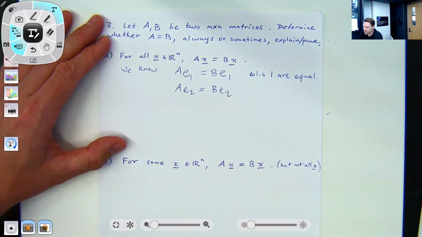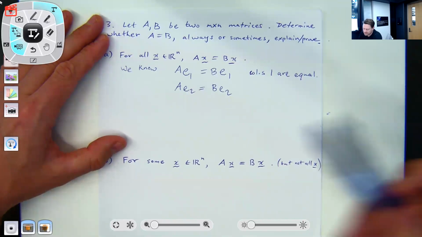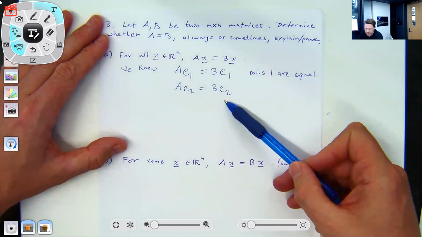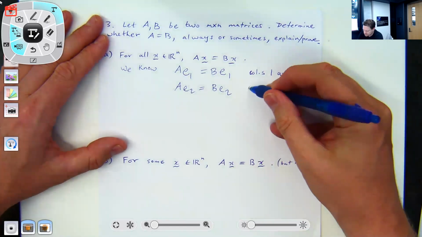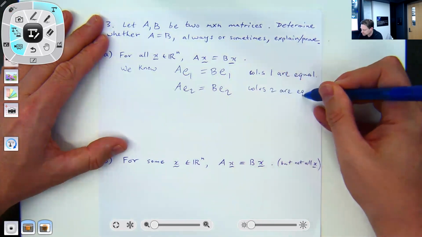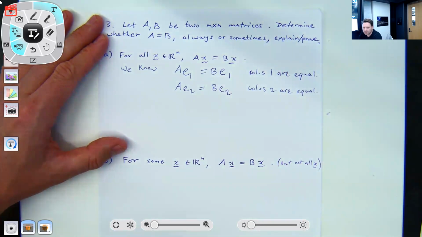Likewise, in the next row, we have A22 times 1 plus several zeros, right? And so we end up with the second column of A. Likewise, here we end up with the second column of B. So this says columns 2 are equal. Right? Okay, good.